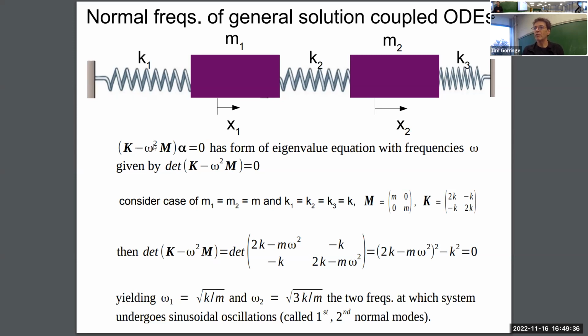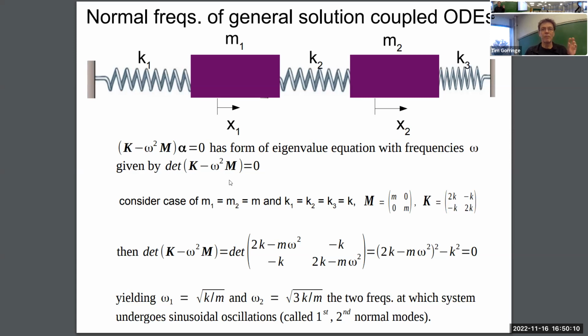So finding the values of omega that solve this equation that's come out of our coupled differential equation with our hypothesis is just equivalent to finding the values of omega, the characteristic frequencies, that fulfill this equation: the determinant of this particular matrix equals 0. So all I've got to do is calculate the determinant of this matrix, and that will enable me to solve for omega.